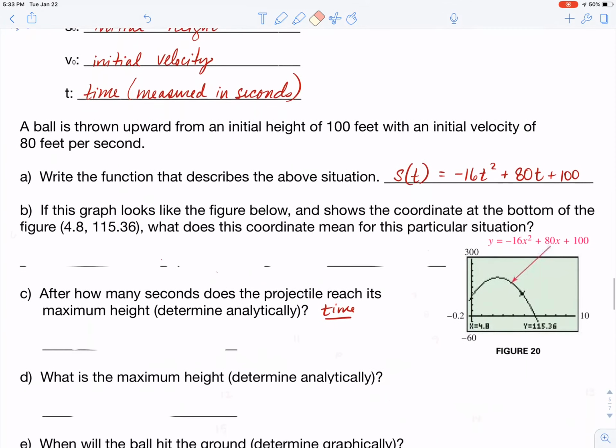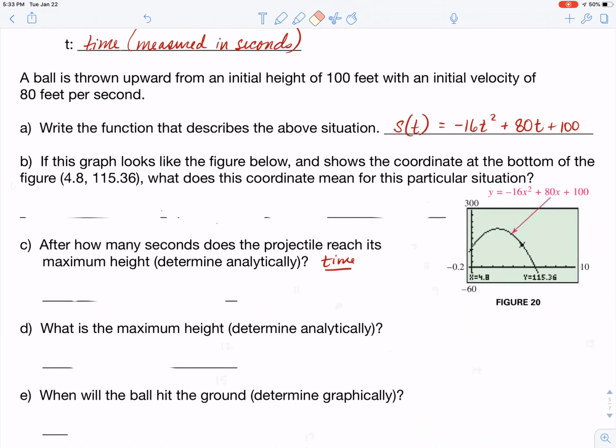Part B says, if this graph looks like the figure below, and it shows the coordinate at the bottom of the figure of being 4.8, 115.36, what does this coordinate mean for this particular situation? Again, pause the video and write what you think this coordinate means, or at least think of what this coordinate means to you.